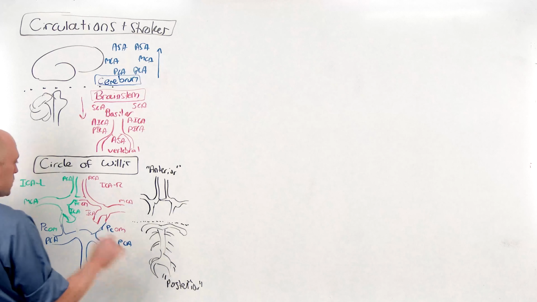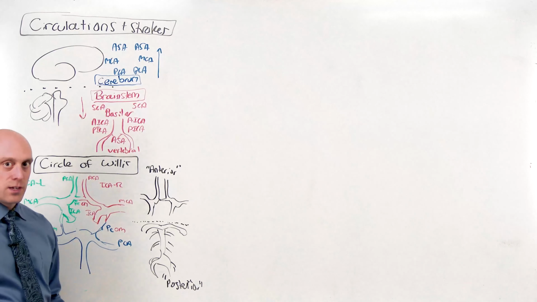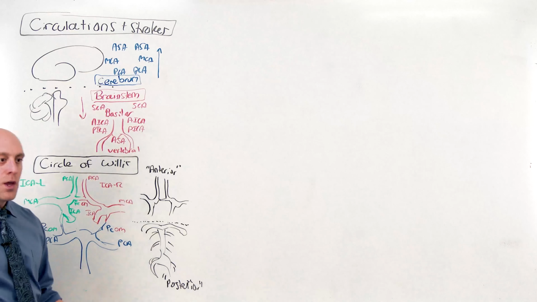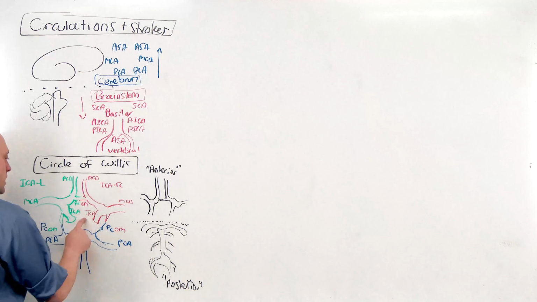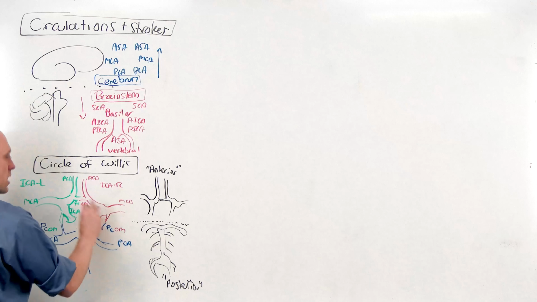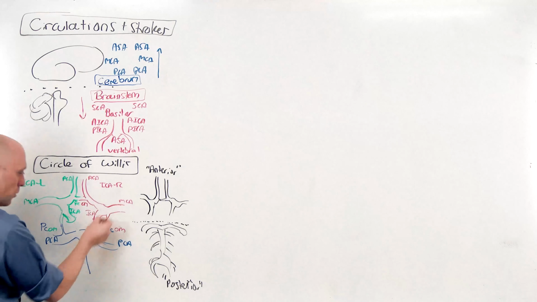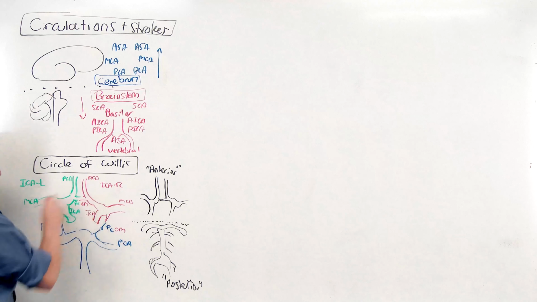The reason for that is while there are communicating vessels, and these communicating vessels have significant anatomical variability from person to person, I want you to see that the right ICA has a large caliber lumen associated with the right MCA and the right ACA, and a little PCOM connecting to the other ones.